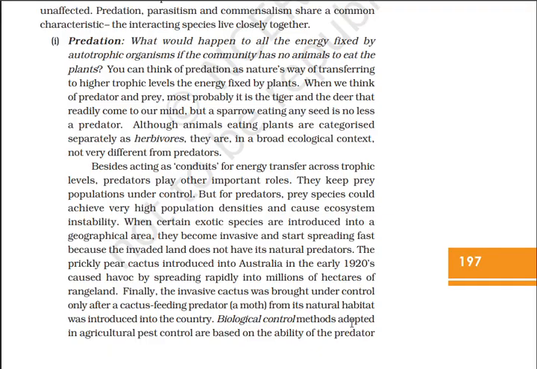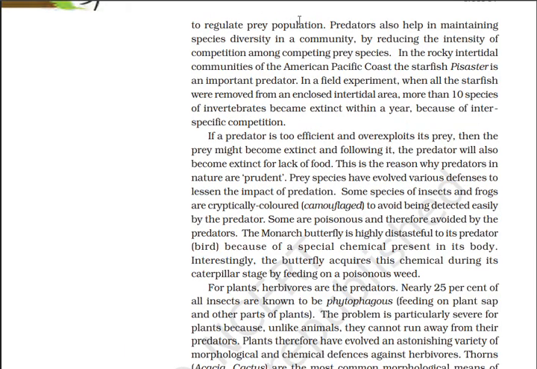Biological control methods adopted in agricultural pest control are based on the ability of the predator to regulate prey population. Predators also help in maintaining species diversity in a community by reducing the intensity of competition among competing prey species. In the rocky intertidal communities of the American Pacific coast, the starfish Pisaster is an important predator.